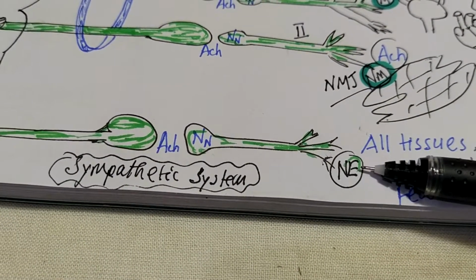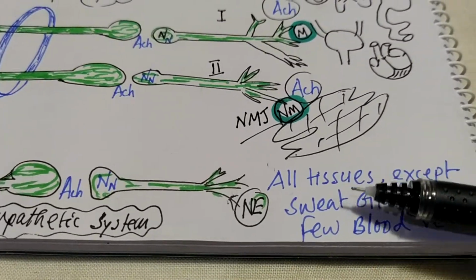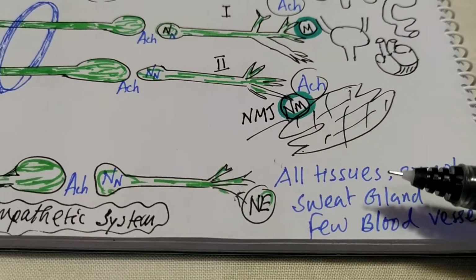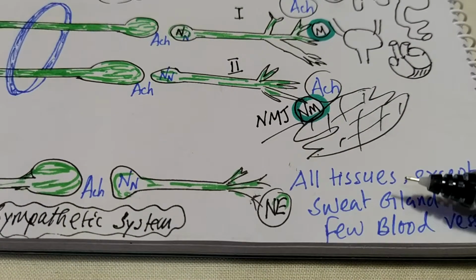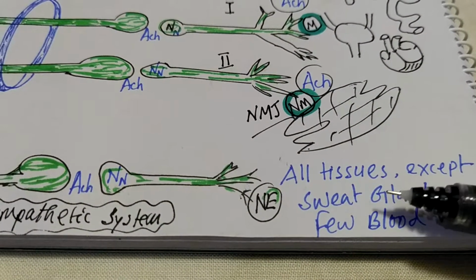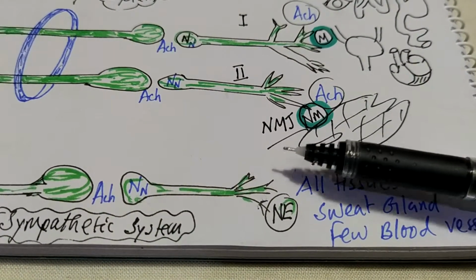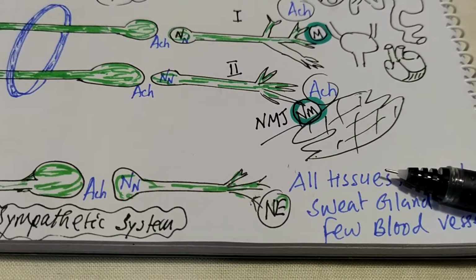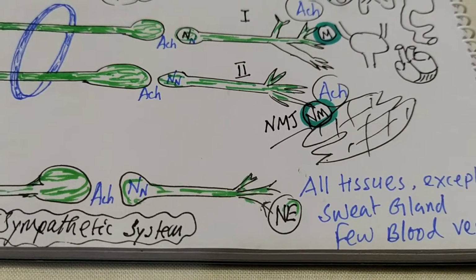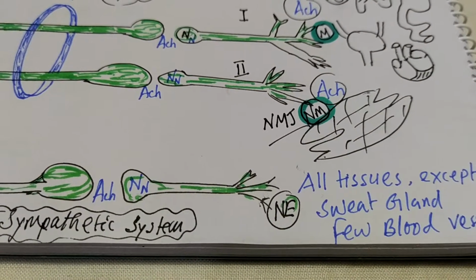This is the rule, but in the sympathetic system there are some exceptions. There are some tissues like sweat gland and few cutaneous blood vessels, where the sympathetic postganglionic fiber releases the neurotransmitter acetylcholine. Mind it, acetylcholine instead of norepinephrine.